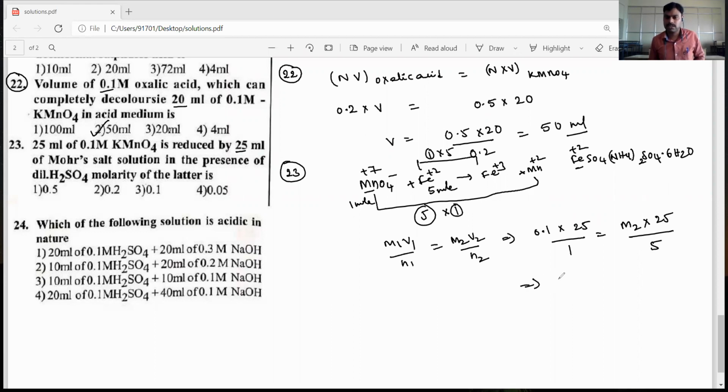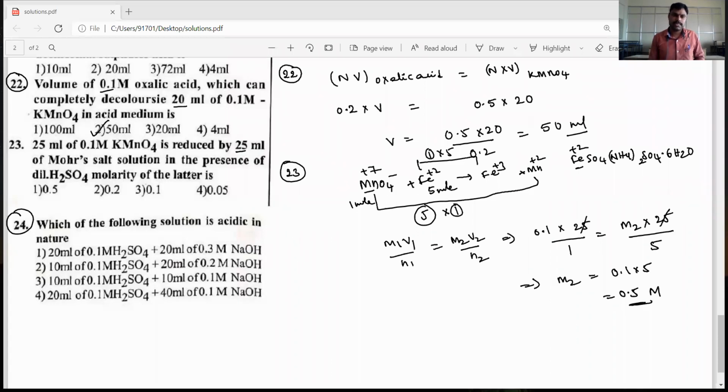On simplification, the 25 will cancel, and 0.1 into 5 is 0.5 molar concentration. So the Mohr's salt concentration is 0.5 molar.